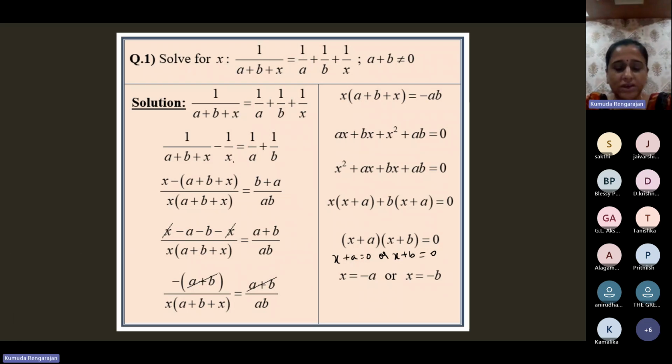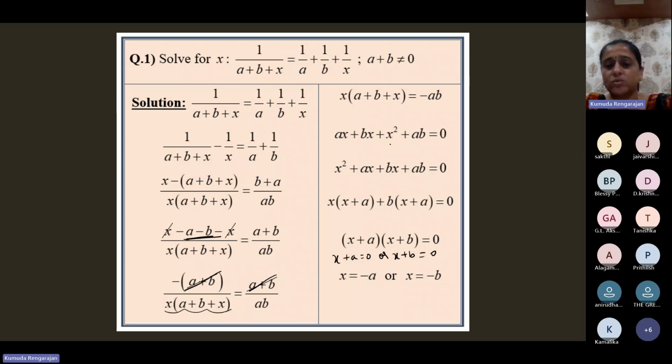So once you have the x terms on one side, next step is about LCM. So after LCM, you'll have to open the bracket here in the numerator. X and minus x cancel. Then we have this one. So we take out minus common. Then a plus b gets cancelled on both the sides. We cross multiply. We open the bracket here. Then we bring all the terms to one side.